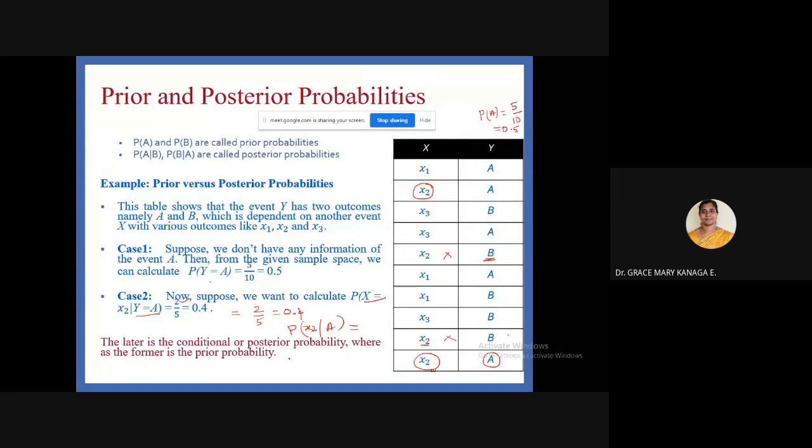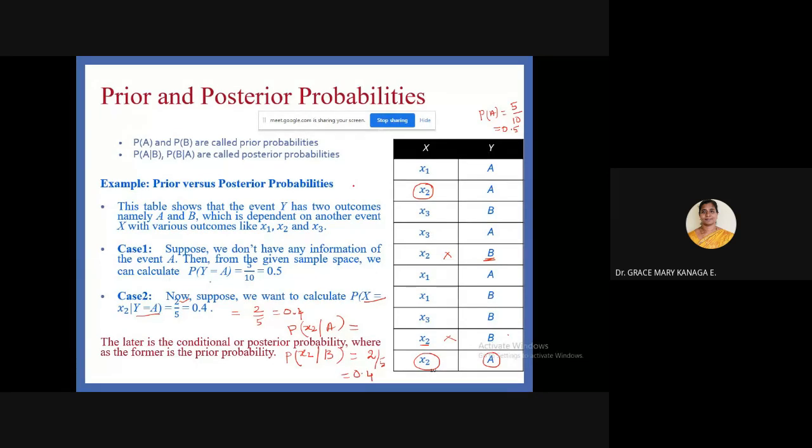Now you try to calculate the probability of X2 given B. The same thing, because 2 occurrences, right? X2 is 2 occurrences, so 2 divided by B is also 5, so that is equal to 0.4. Got it?